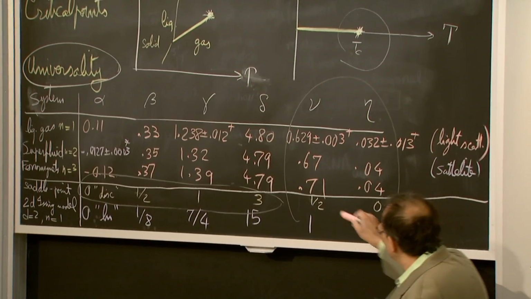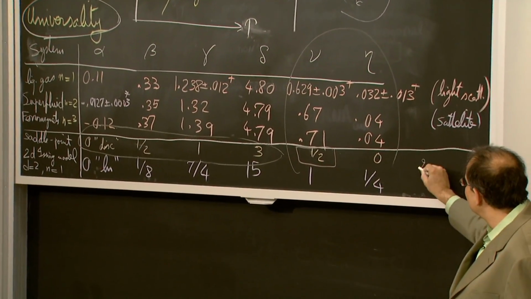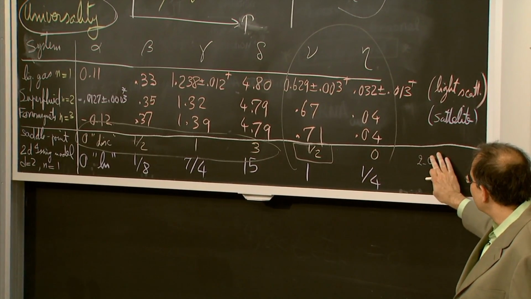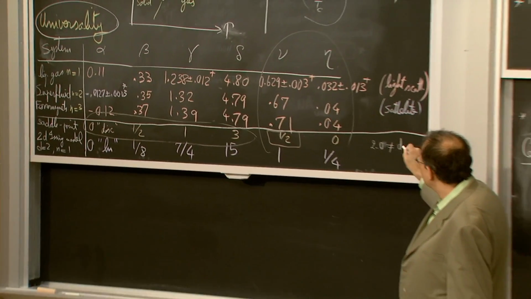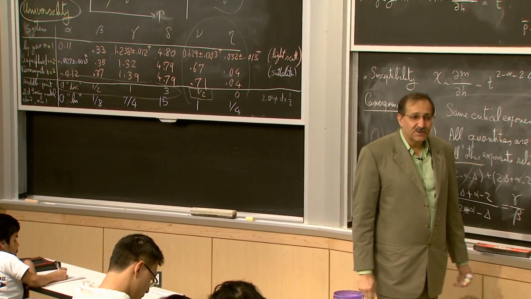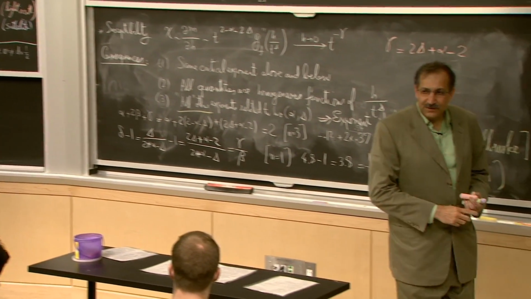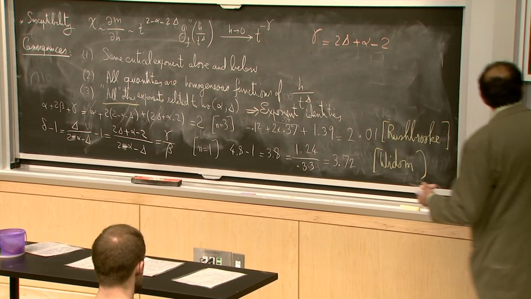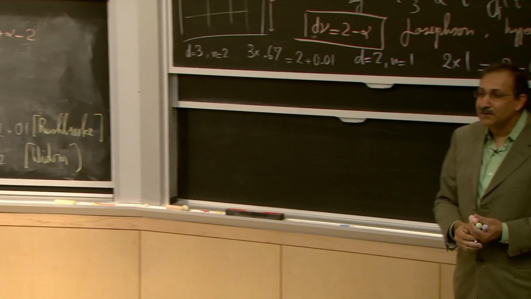But it does not work for this hyperscaling, because 2 minus alpha would be 0, which is not equal to d times 1/2, except in the case of 4 dimensions. So somehow this ansatz breaks down within the saddle point approximation.